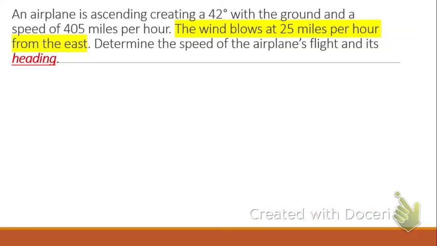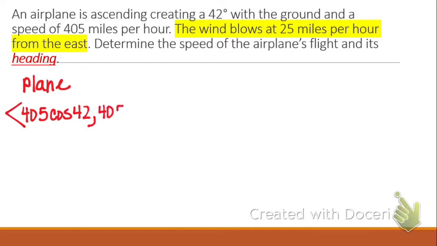All right, I'm going to go ahead and work through it. So first we need to write a vector for our plane. So for the airplane, you have 405 cosine 42, 405 sine 42. We're adding that to the wind.